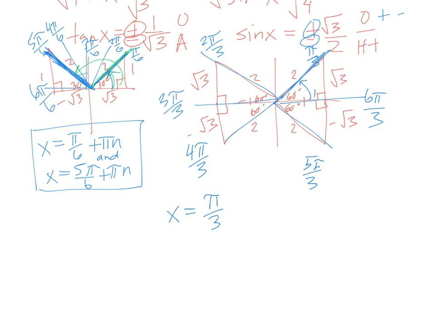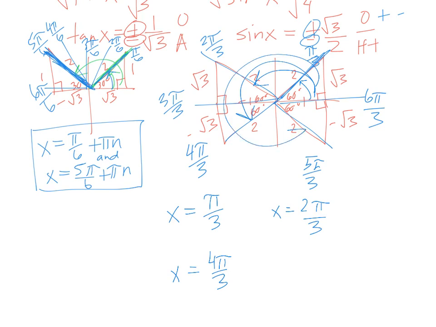Then I have 2 pi over 3, then 4 pi over 3, and then 5 pi over 3. For all these solutions, what do you add? 2 pi times n. And you could leave your solution like that.